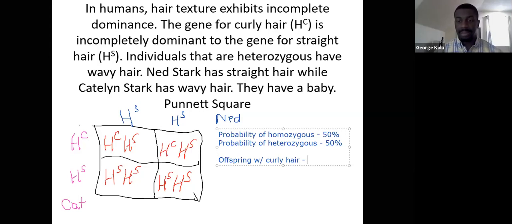It'd be 0%, Kimberly, because in order to have curly hair, you'd have to have 2 copies of the HC allele. Here we don't see anyone that is HC, so 0% of our offspring will have curly hair. Perfect. What's the probability of having offspring with straight hair?